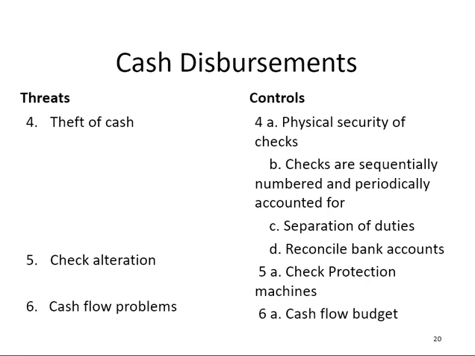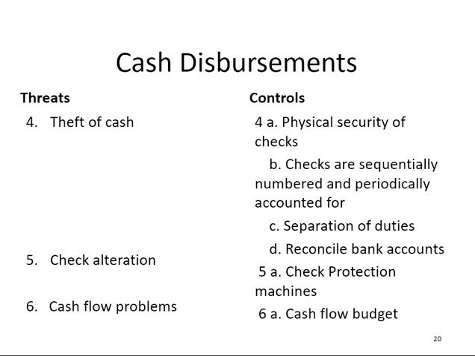Now we talk about theft of cash. In addition to the segregation, we should also have physical security of checks. Checks should have limited access, and checks should be sequentially numbered and periodically accounted for to see if there are missing checks, unused checks.